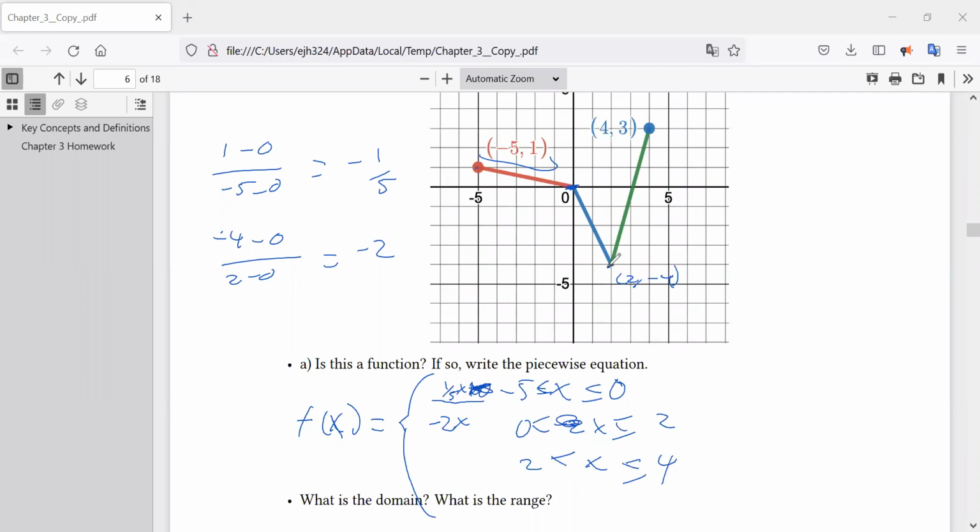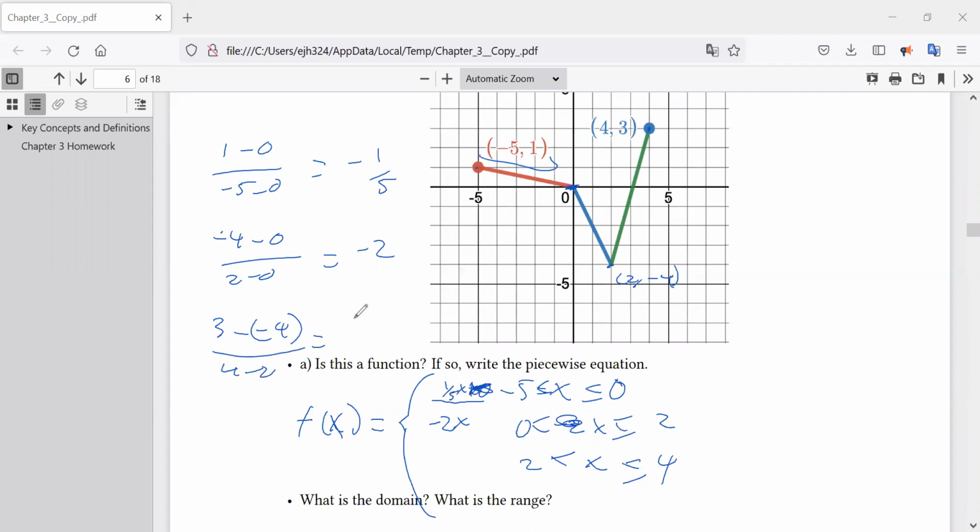And then we just have to find the equation of this line right here. So this one's a little bit harder, but you should be able to do it still. So we've got 3... would it be 7/2? Yeah.